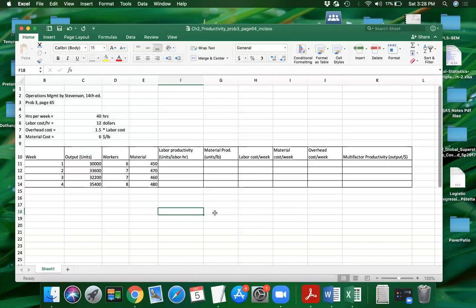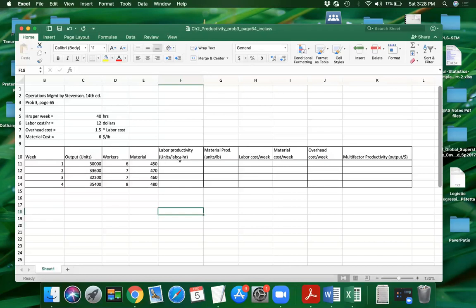Now you need to understand the difference between labor productivity, material productivity, and multi-factor productivity. Labor productivity simply means that you take the output and divide it by the labor input, just the labor input. The labor input may be in labor hours or it could be labor cost as well. It all depends. In this case, we've been asked specifically to calculate in units per labor hour.